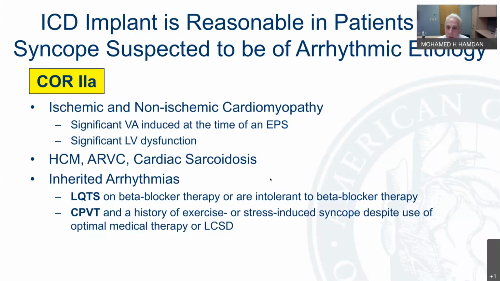For patients with inherited arrhythmias, some are listed as a 2A, some are listed as a 2B. The 2A would be long QT syndrome and CPVT, but it's important to note that it's a 2A indication to proceed with device implantation only after optimal medical therapy: beta blockers, namely, for both long QT syndrome and CPVT, and with CPVT, sometimes even sympathetic denervation.